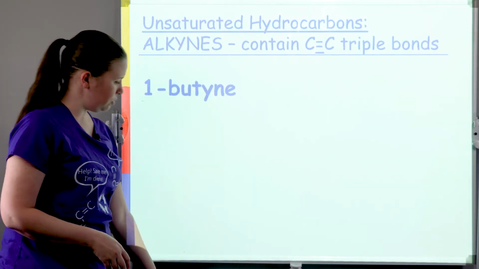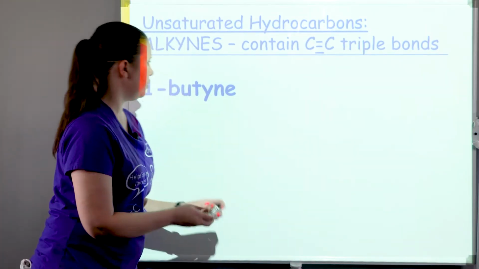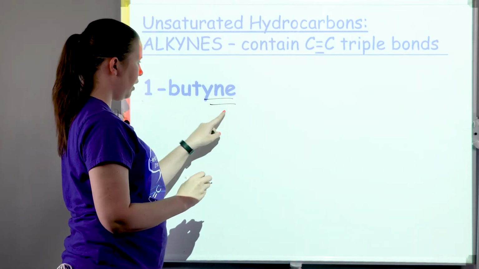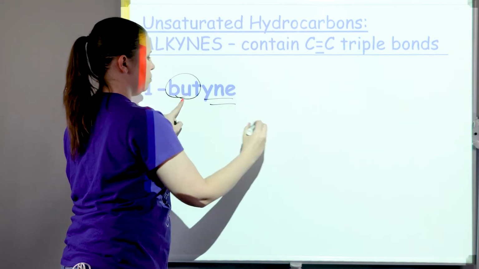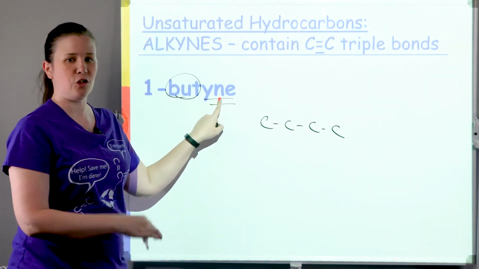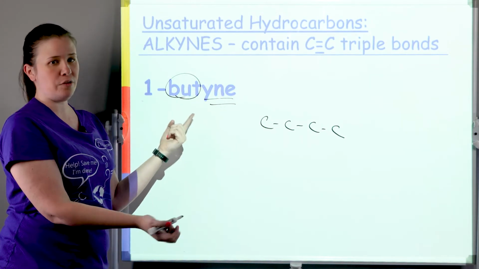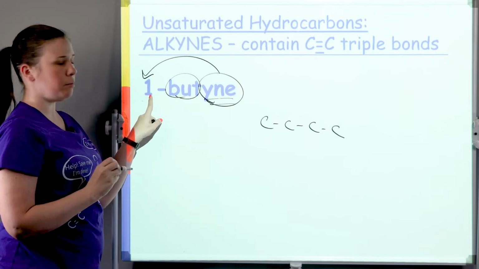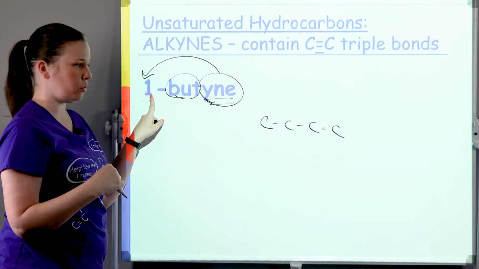All right, let's do alkynes, now using the ending YNE. So butyne would have but, so 4 carbons, but it's going to have a triple bond. But just like with everything else we've done, the location is described by the number in front.